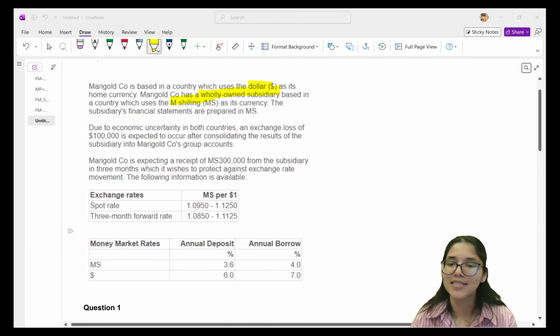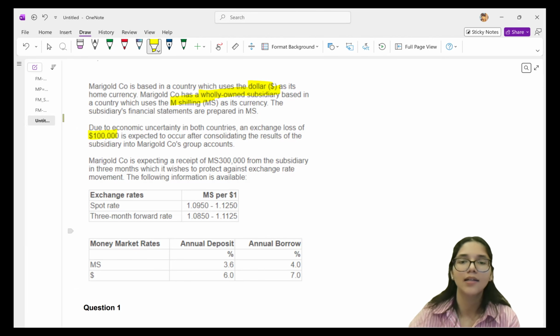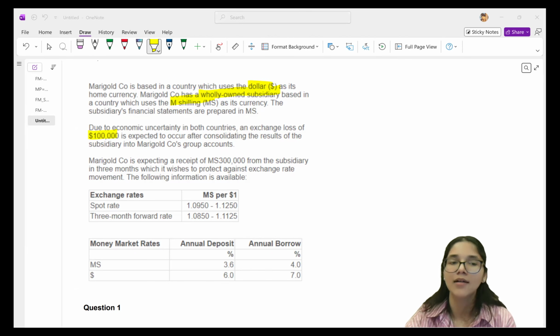Yes, it will be the translation risk. Absolutely. Due to economic uncertainty in both countries, an exchange loss of $100,000 is expected to occur after consolidating the results of the subsidiary into the group account. You can see this is exactly the language that we had studied about translation risk.